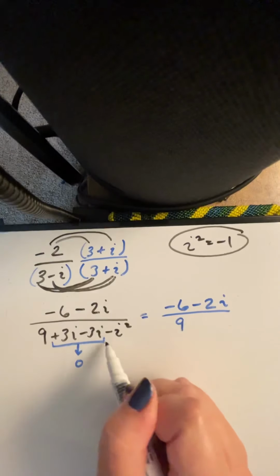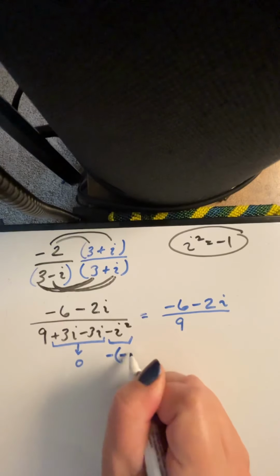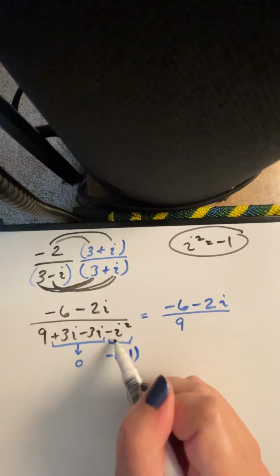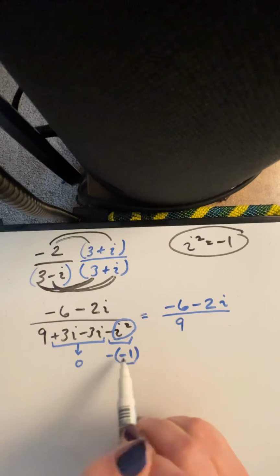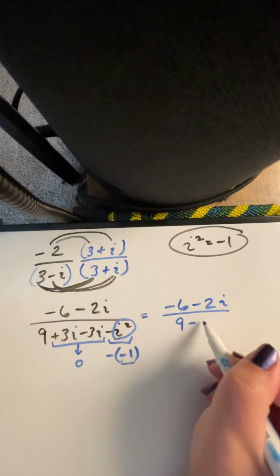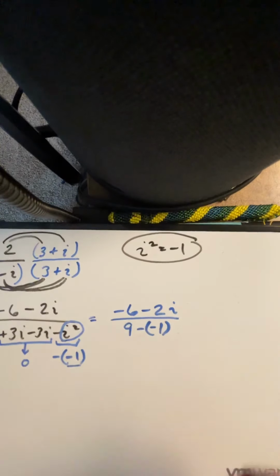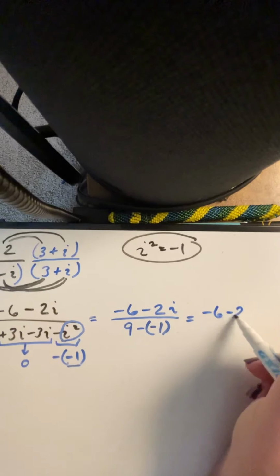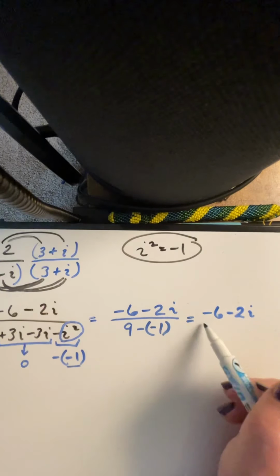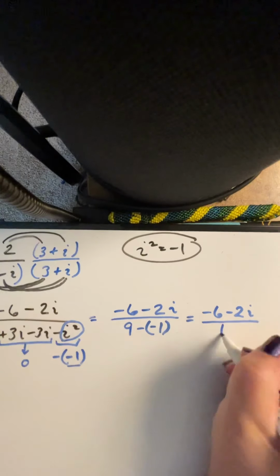And then I have minus i squared, so that's going to be minus -1. So from here, we have -6 minus 2i in the numerator, and our denominator is 9 minus -1, which is equal to 10.